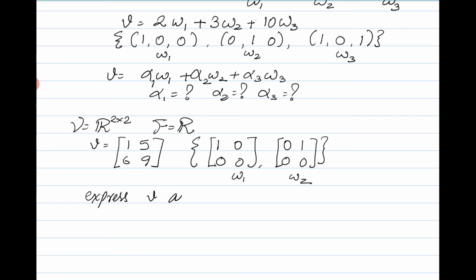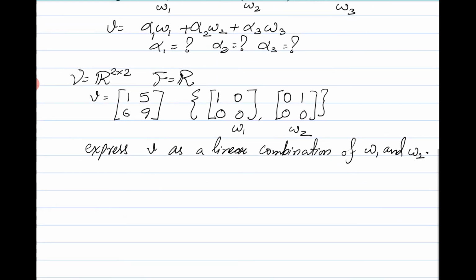Express V as a linear combination of W1 and W2. Okay, so here you can verify that V, W1, W2 are linearly independent.